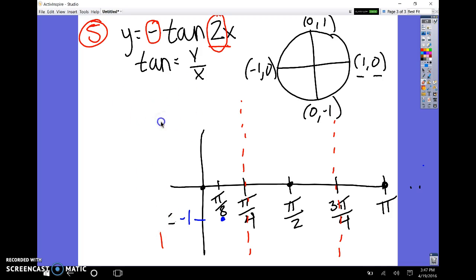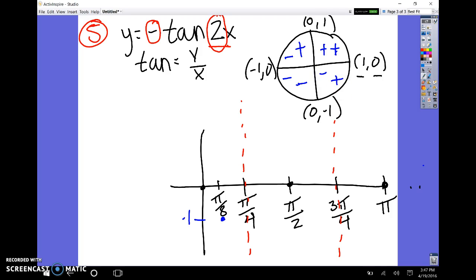In order to figure out where this graph is going to be positive and where it's going to be negative, or in other words, which direction it's going to be going, we want to take a look at the sign of our trig function in each of our 4 quadrants. Up here in quadrant 1, both x and y are positive. So I have positive, positive. Quadrant 2, one of them is negative, which is x, and one of them is positive. Okay, we can fill these in like this: negative, positive.